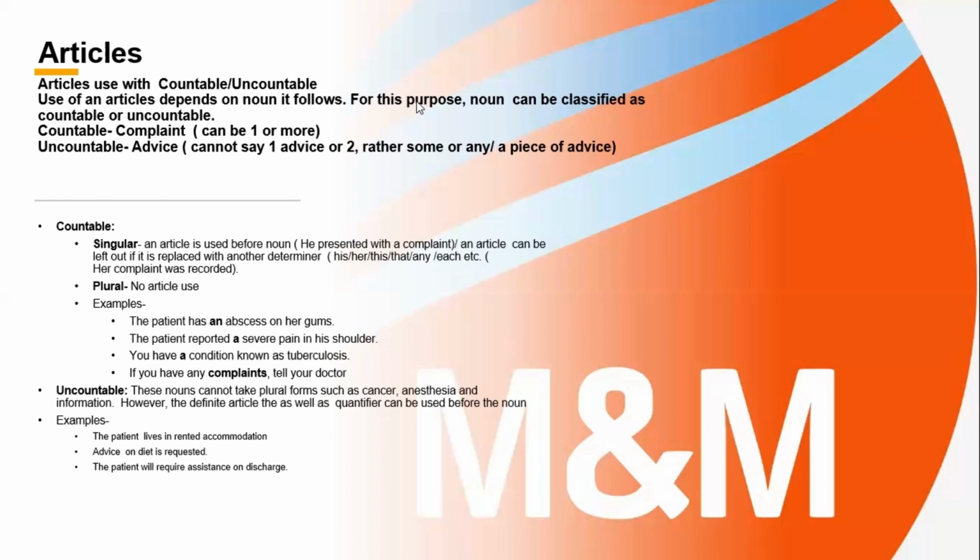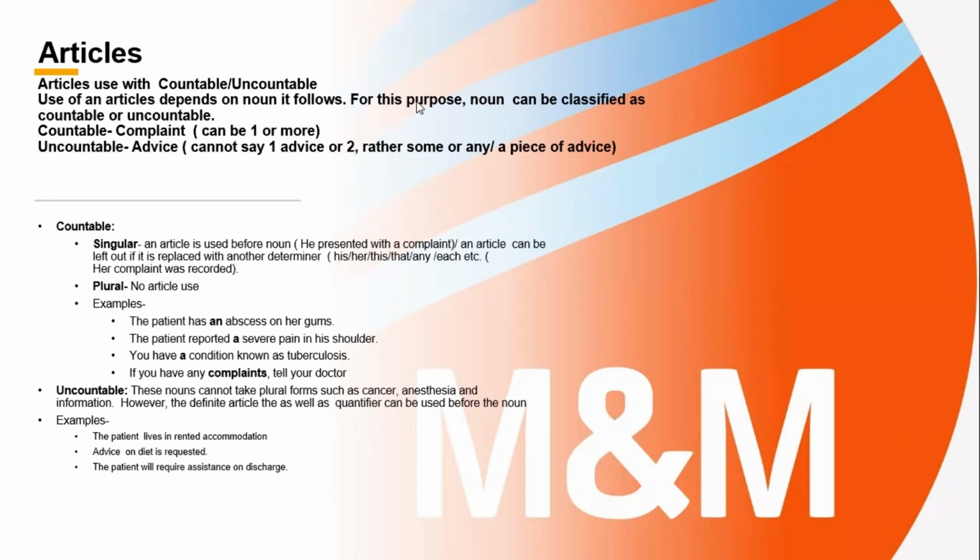Then we have another example: we can use an when we have a vowel sound, the things that will give you the sound of a vowel, such as A, E, I, O, U. So the article an can be used, for example, the patient has an abscess. It will give you a vowel sound: an MRI, an X-ray. These are the things that we can use an before, right?